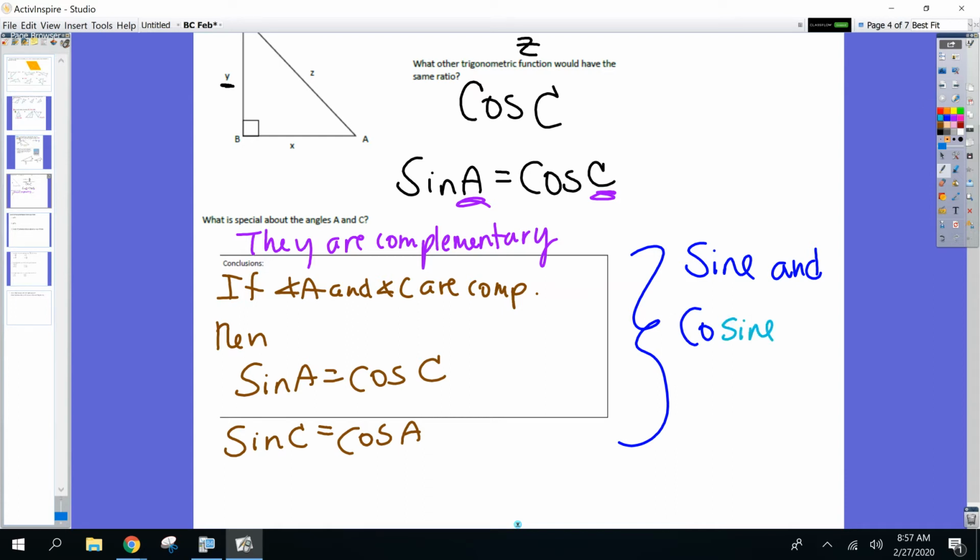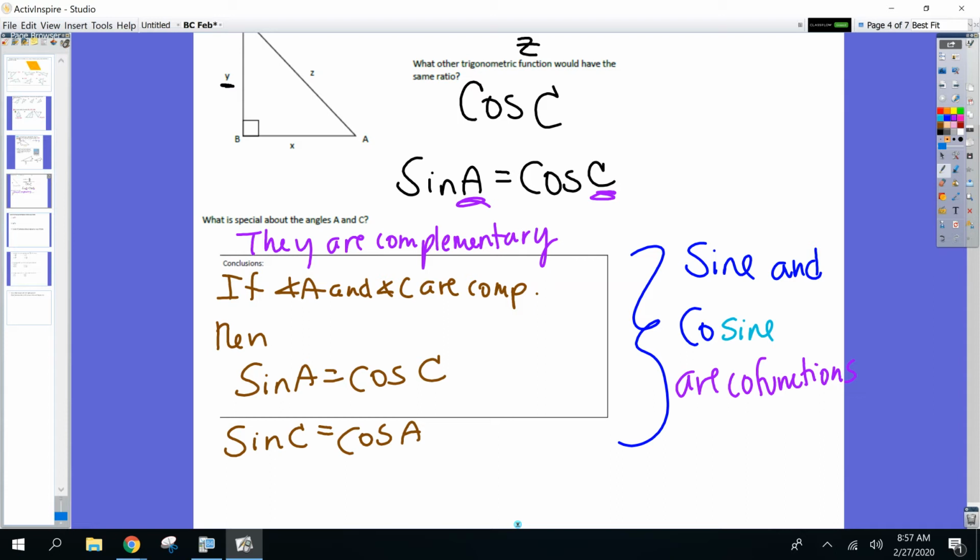Sine and cosine are what we call cofunctions. They have a relationship. And what's the relationship? When they're equal, their angles add to.